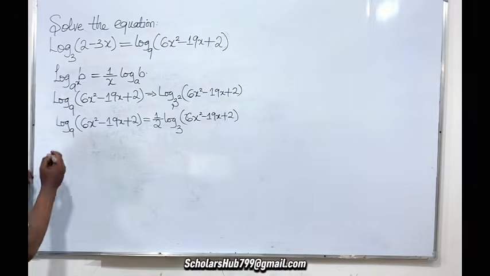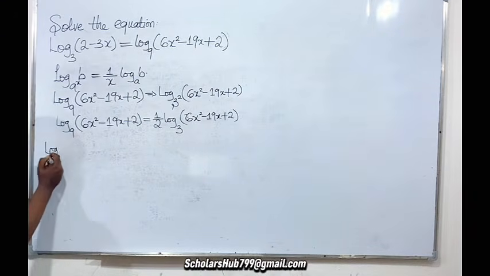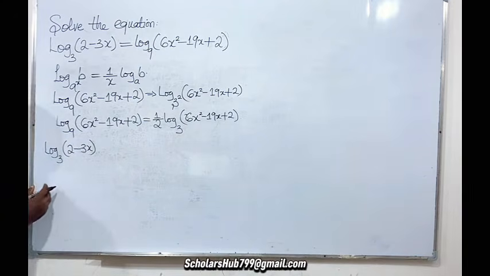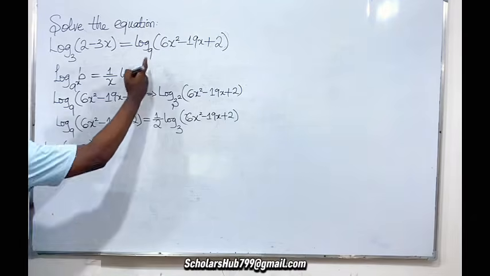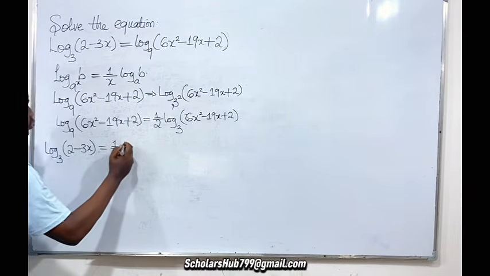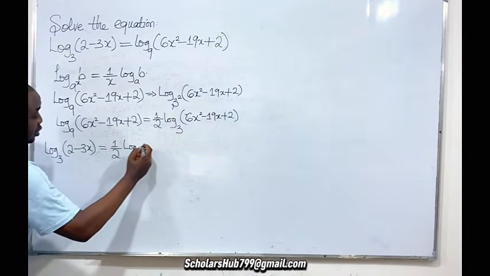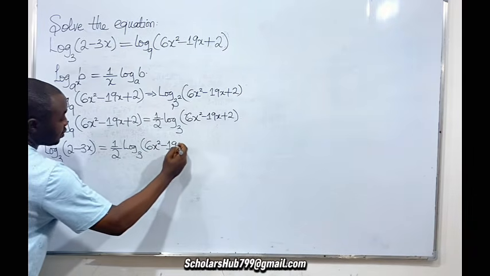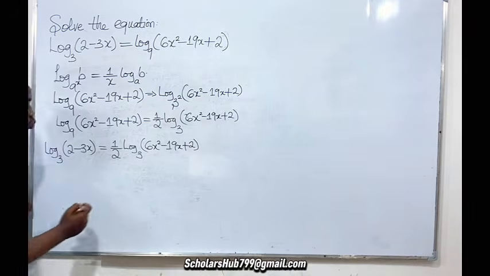So the equation will now be: for the left hand side we have log to base 3 of (2 − 3x), and this will be equal to 1 over 2 log to base 3 of (6x² − 19x + 2).